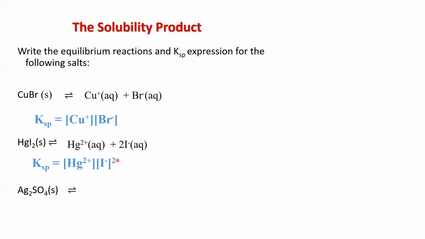All right, now the last one. This is silver sulfate. SO4 is a polyatomic ion. Don't break this up. Okay, silver sulfate. Write the equilibrium reaction and then write the Ksp expression.